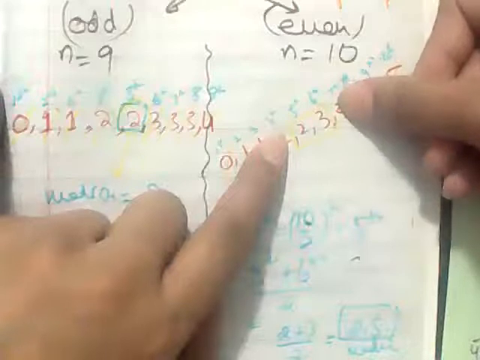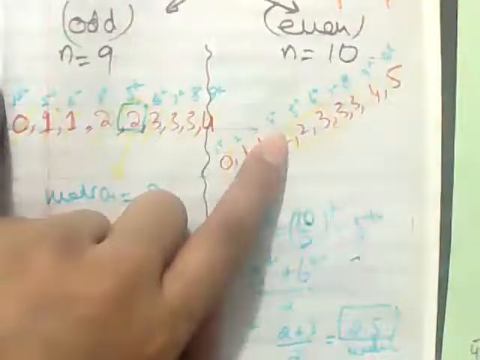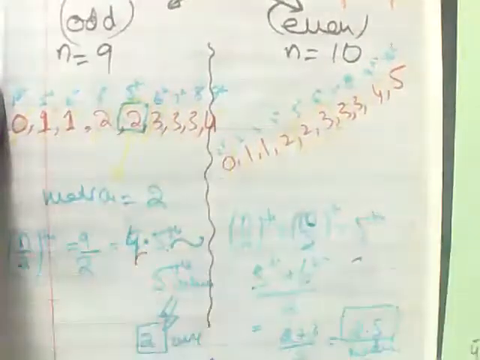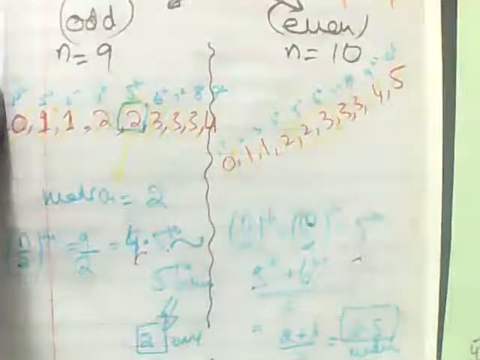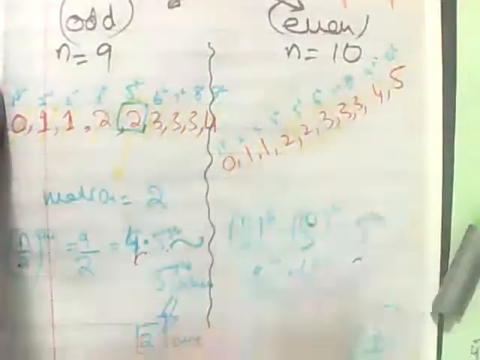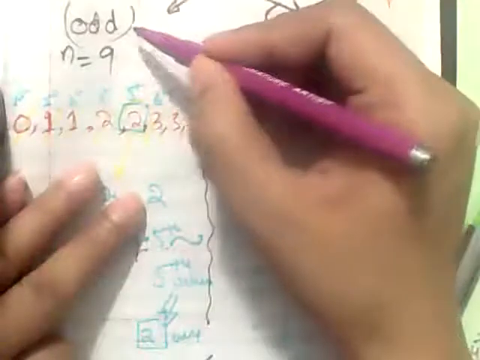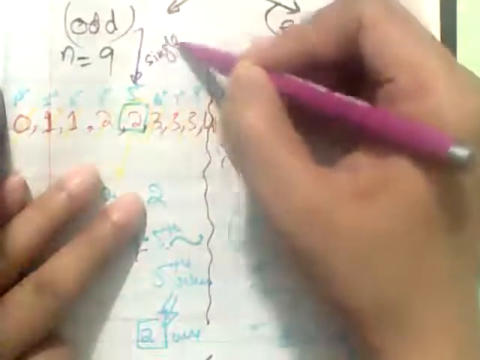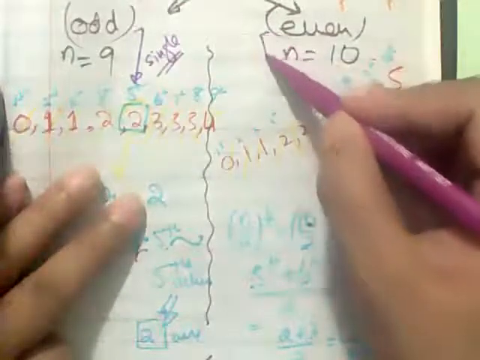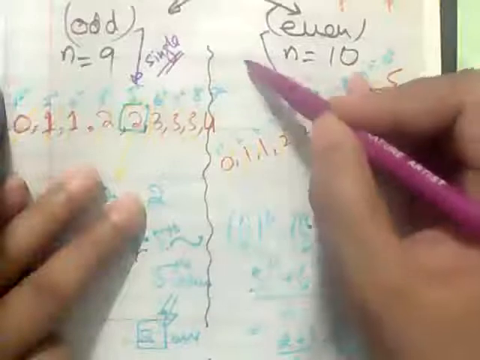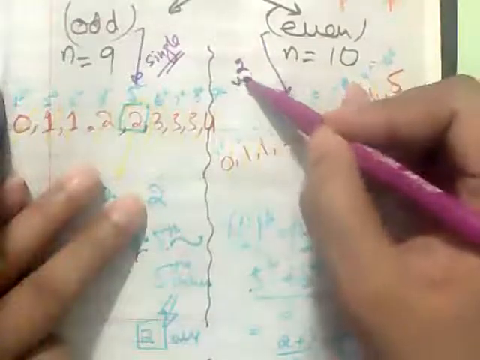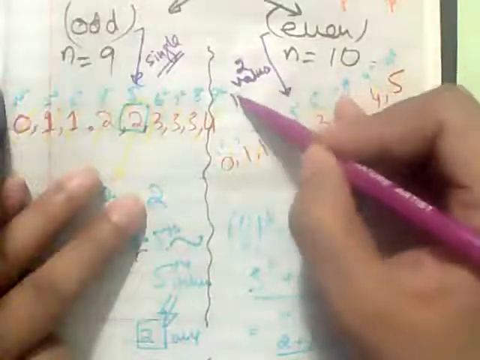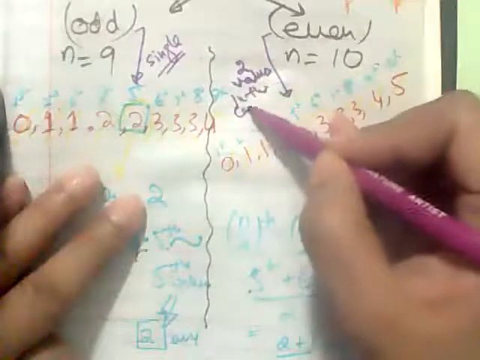The first important thing I notice is that when I'm dealing with an odd number of values, I have a single value in the center, and when I'm dealing with an even number, I have two values in the center.